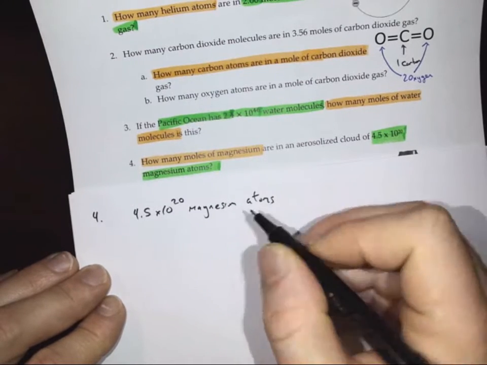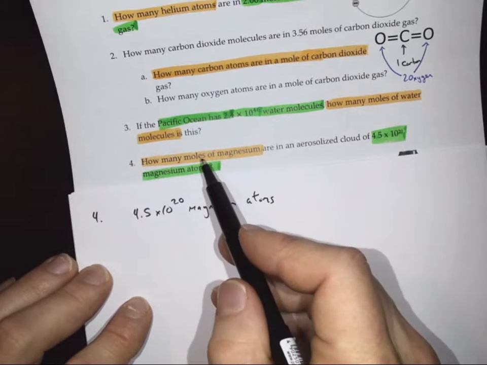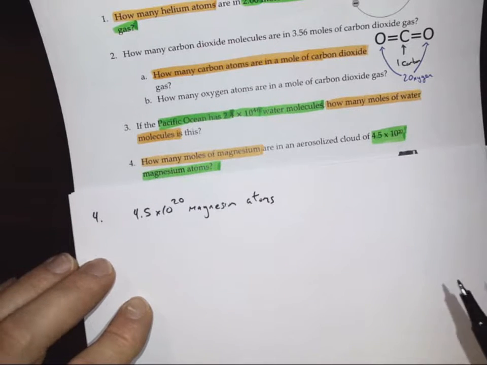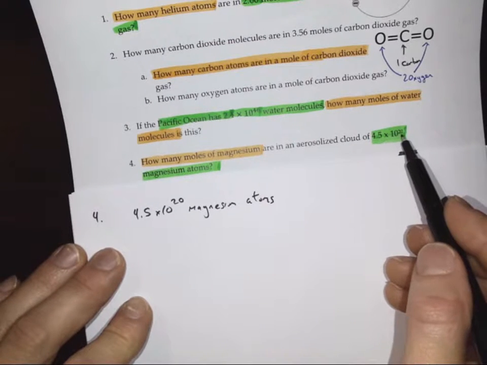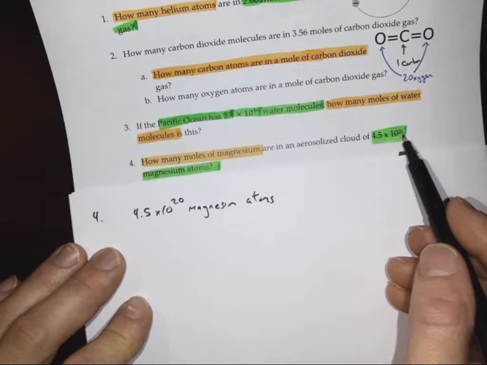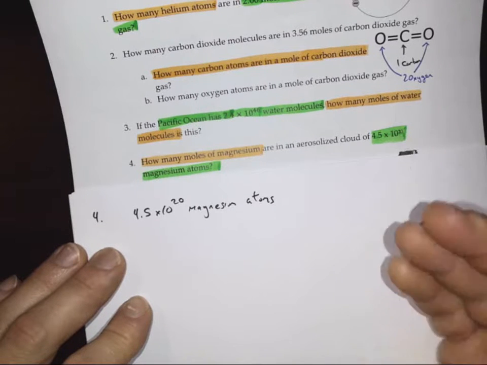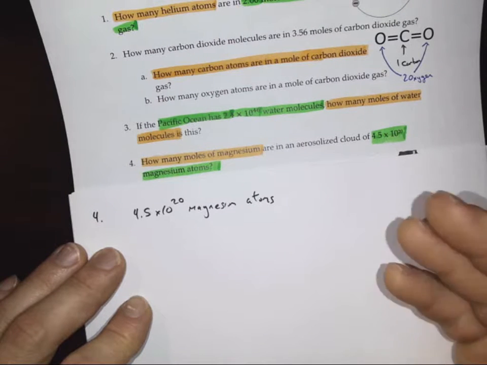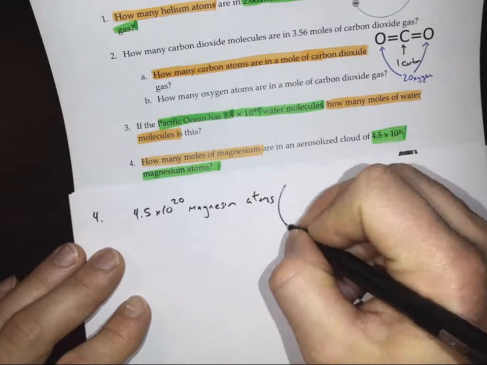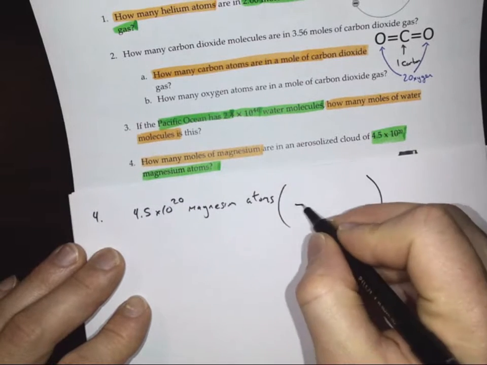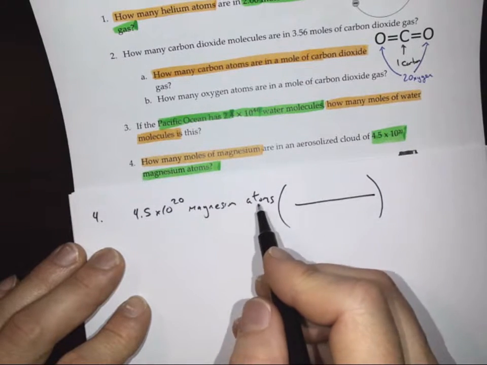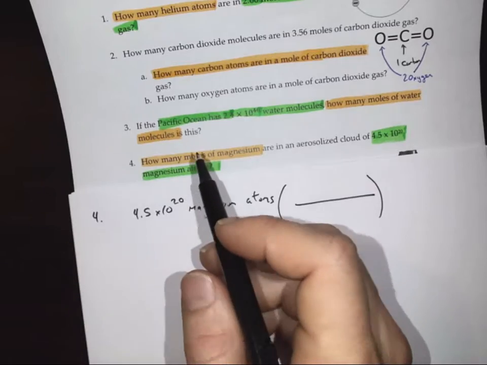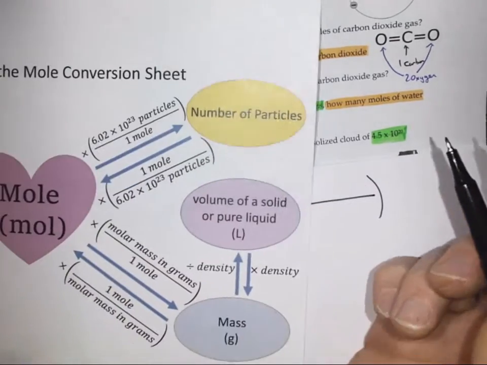Now, before I go any further, moles are a number of handfuls of atoms, right? And it looks like I've got not very much compared to Avogadro's number, which is a handful. So I should be expecting maybe 1/1000th of a handful when I'm done this calculation. To go from atoms to moles, again, it's this conversion factor here.